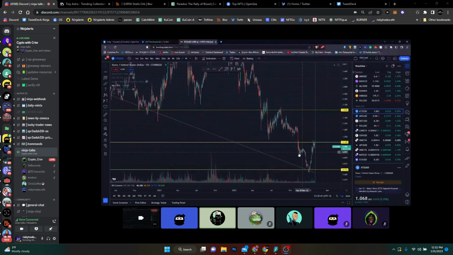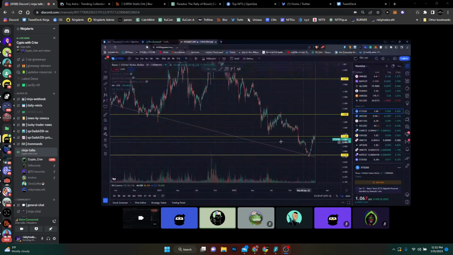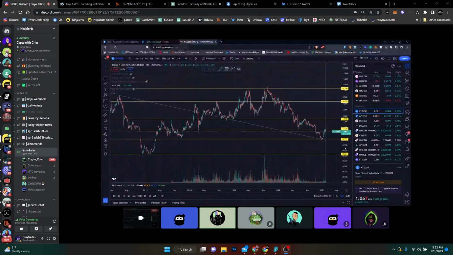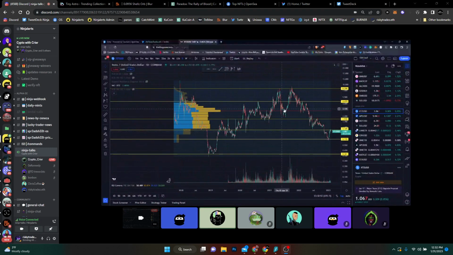Whereas with this one, if we are in a bearish market, I could see something hitting upwards into this level, Tezos here. Yeah, Tezos could hit this one easily because most people are here and they aren't going to sell for less than they paid.